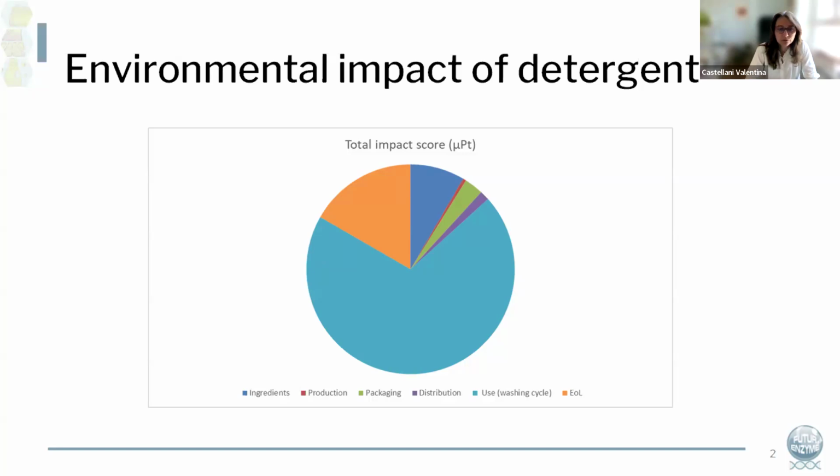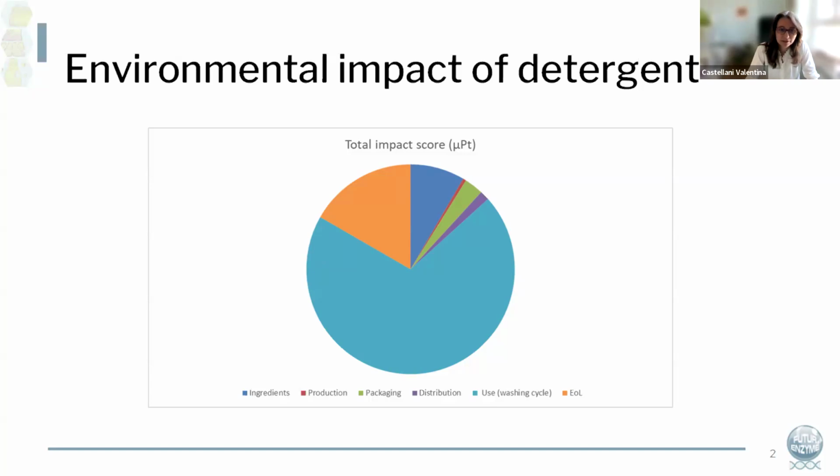But what I would like to show is that when we aggregate the impact, 70% of the total impact of the washing cycle, so washing 7 kilograms of clothes in our washing machine, is generated by the use phase, so the washing cycle.